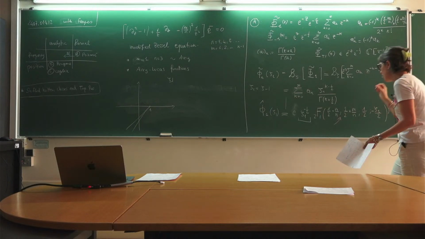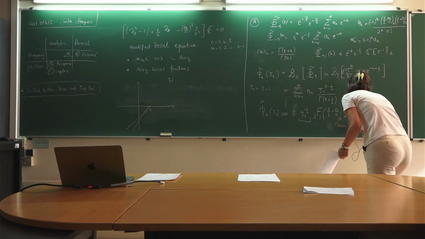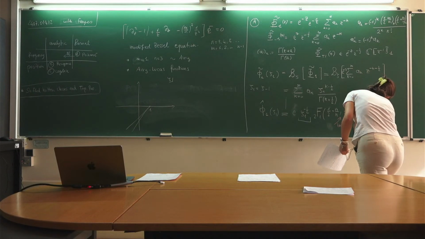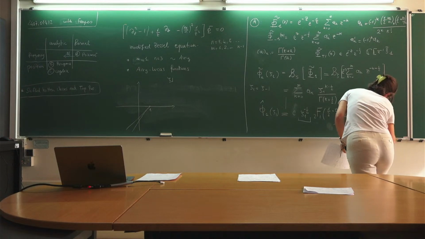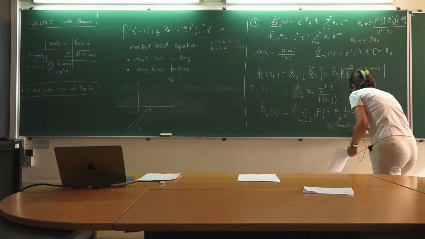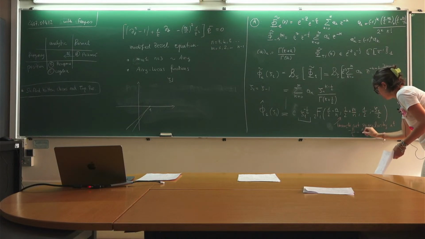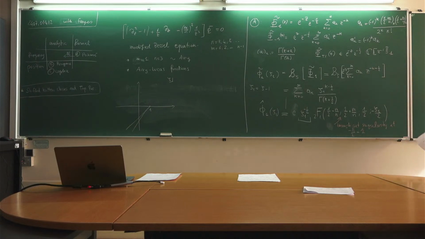So this is analytic everywhere except, so it has a log branch cut singularity at minus zeta 1 over 2 equal to 1. Minus zeta 1 over 2 equal to 1. So what is minus zeta 1 over 2 equal to 1?